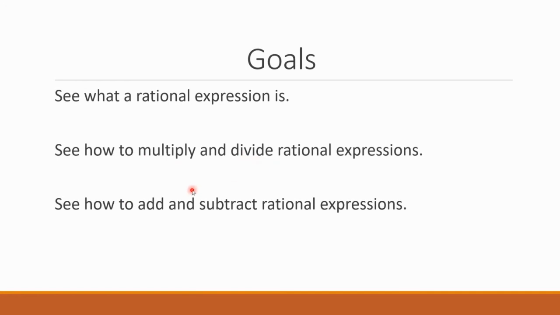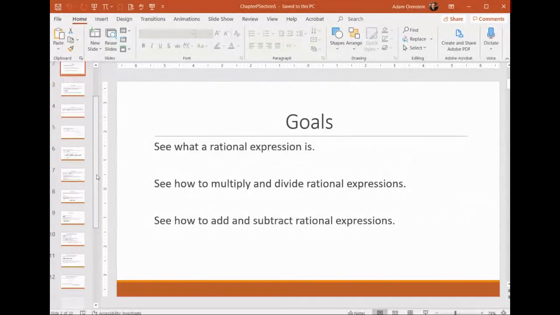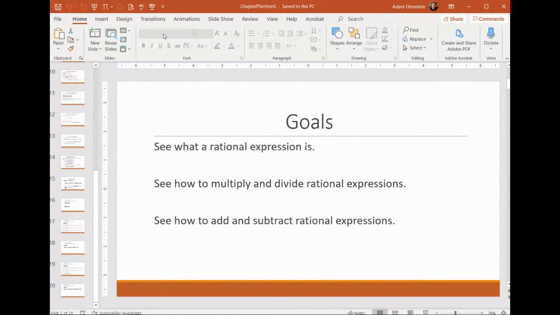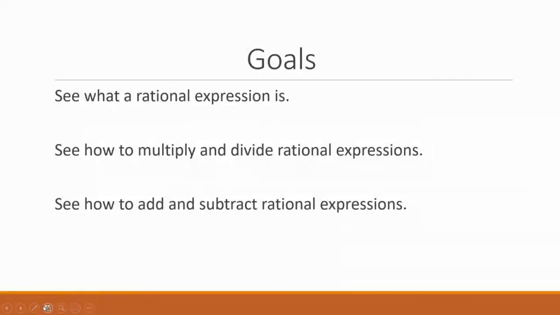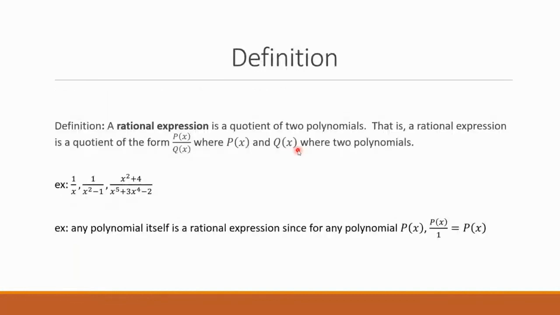And not today, we'll see how to add and subtract them. That's a little bit tricky. It's not terrible, but just like with fractions of integers, you do have to get a common denominator, okay? You do have to get a common denominator.